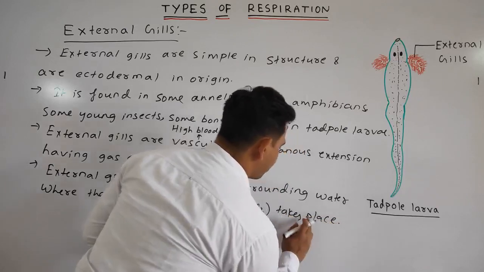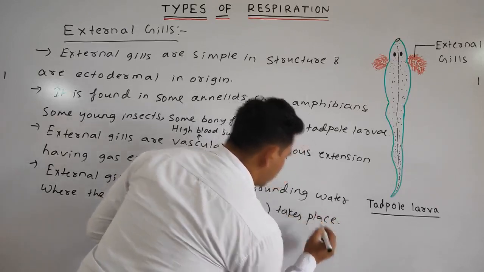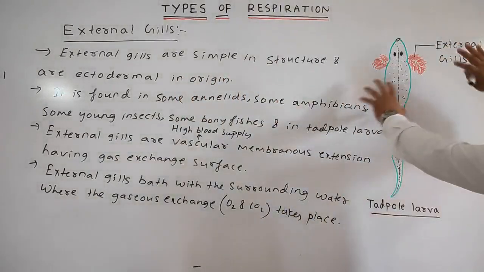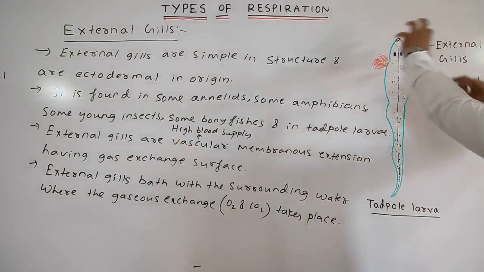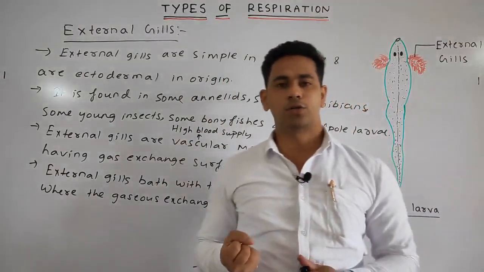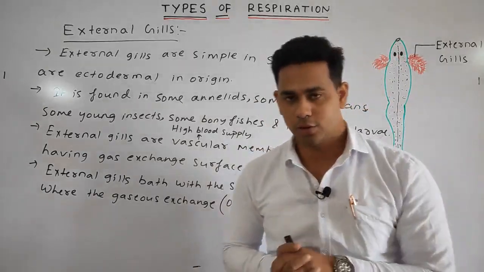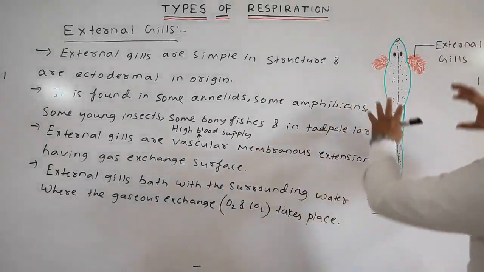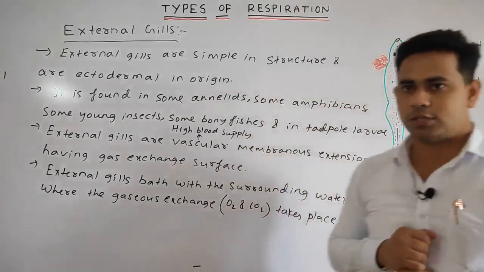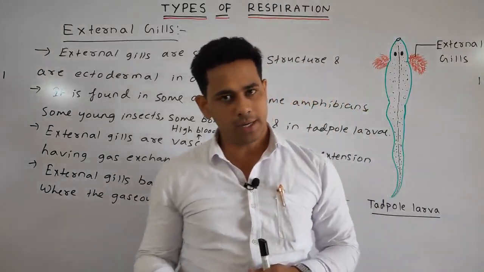Okay students, means the external gills are bathed. Bath means simply surrounded by the water, from which it takes the dissolved oxygen and it further acts as the mode of respiration. So the external gills are surrounded by the water by which the gaseous exchange, such as the O2, means oxygen, and the CO2, means carbon dioxide, takes place.